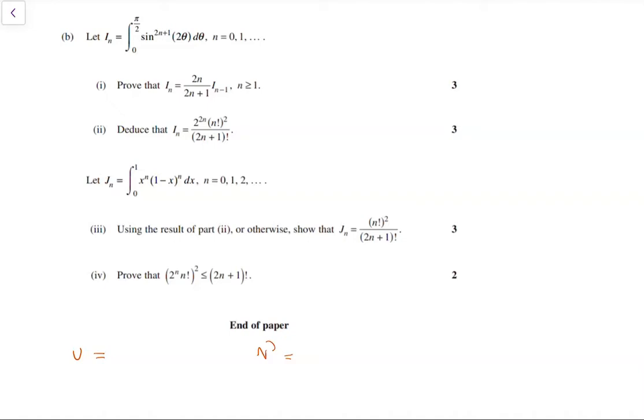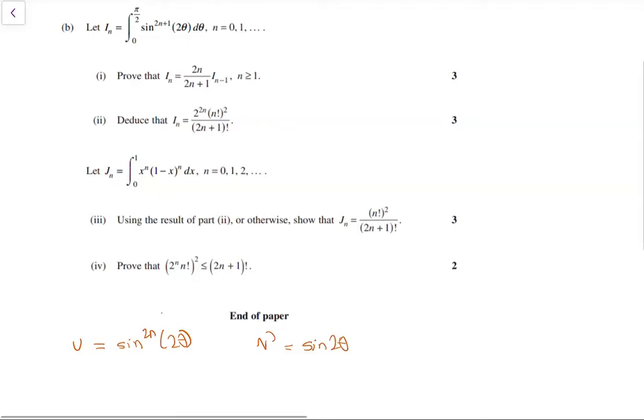So what I came up with is to set u as sine 2n of 2 theta and v dash as sine 2 theta. And you can see both of these multiply to give this thing.